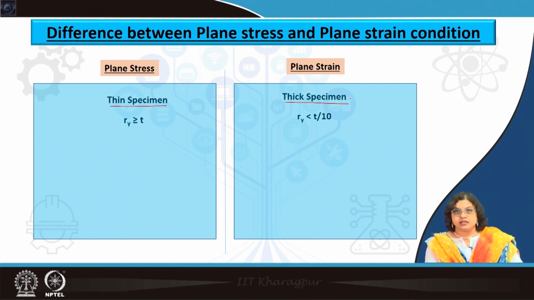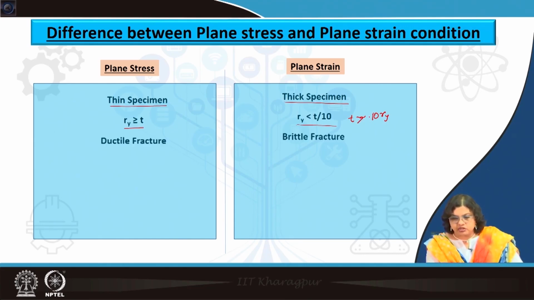Typically, this thickness has something in relation with the plastic zone size, and the plastic zone size should be greater than or at least equal to the thickness for the case of plane stress to be valid, and for plane strain the thickness should be 10 times the plastic zone size. So, 10 times of Ry at least, or even greater than.